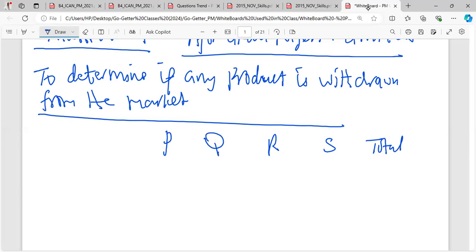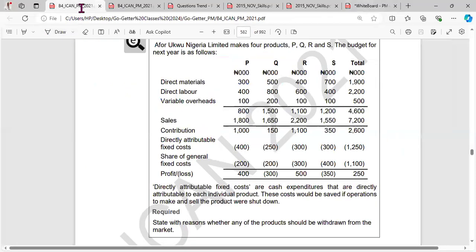Now, let's suppose we want to shut down any of them. It means our revenue is lost. If you shut down any of them, you are going to lose revenue. Look at the revenue you are going to lose: 18, 1650.